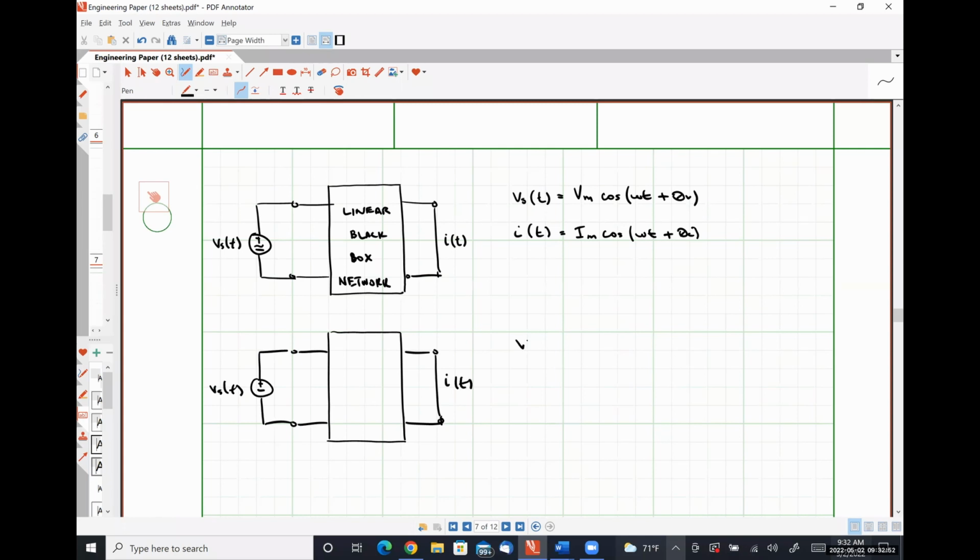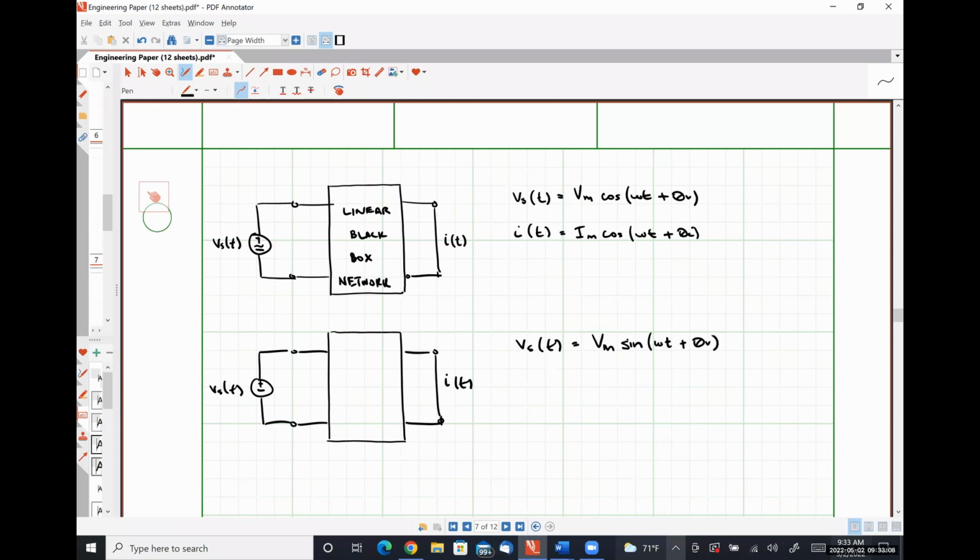So let's say that in the second time, I put in an input signal that is Vm sine omega t plus theta v.